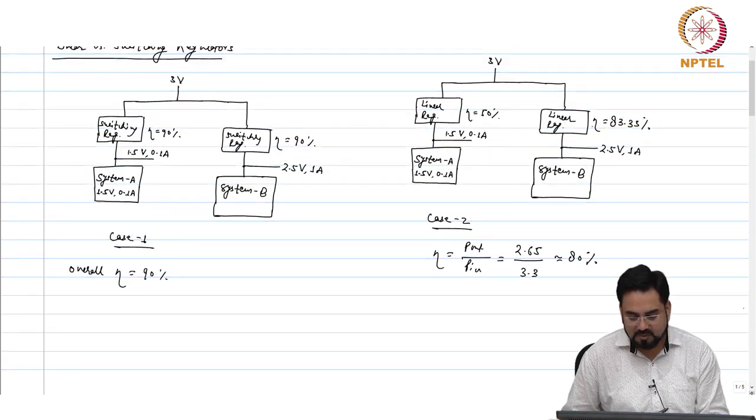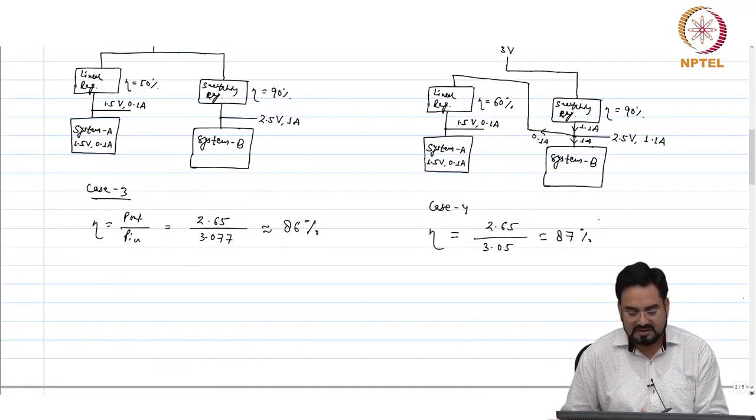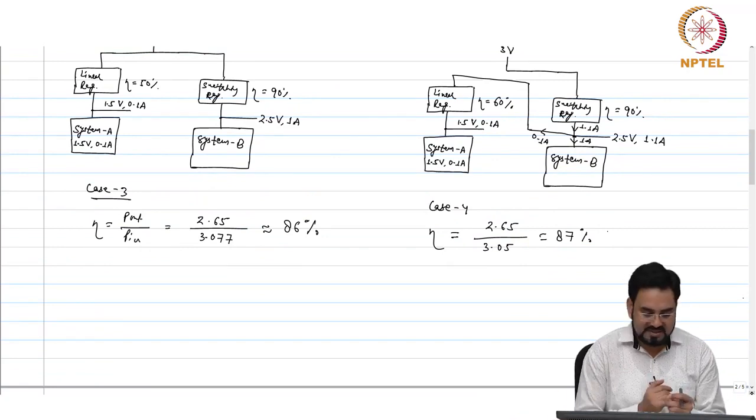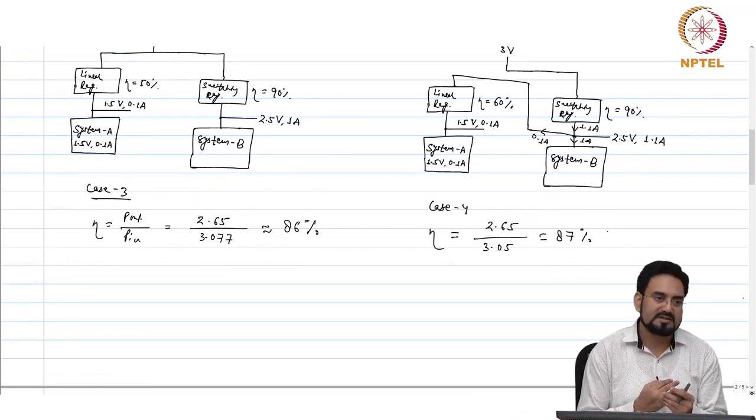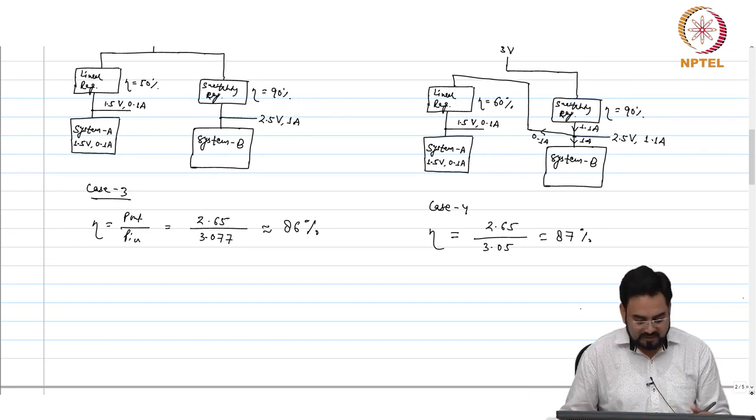So, in this case, if we use a linear regulator and this becomes 2.8 volt, then the efficiency will further improve. It may go to 82% or 83%. So, it all depends on the total power, as I mentioned earlier, and the dropout voltage. Based on these two parameters, you are going to decide where to use switching and where to use linear.